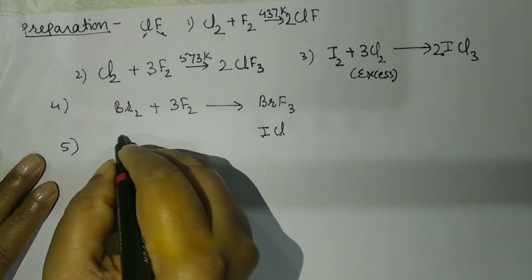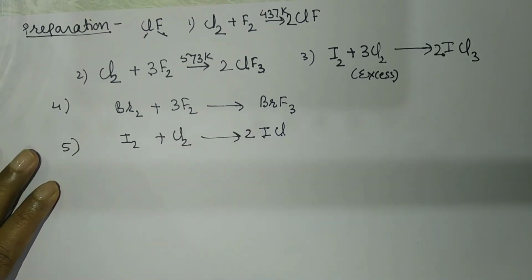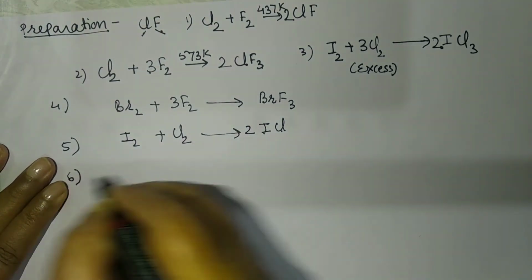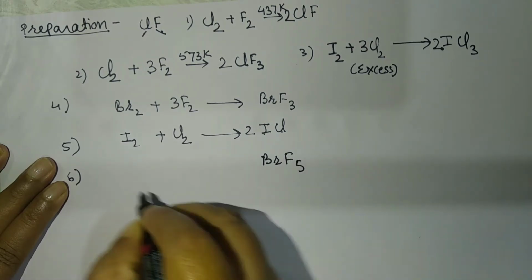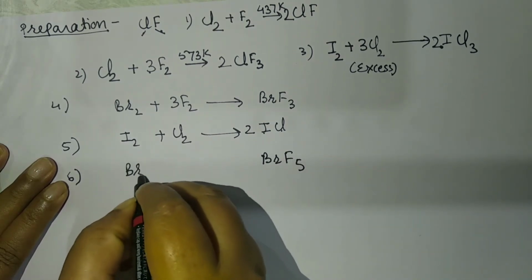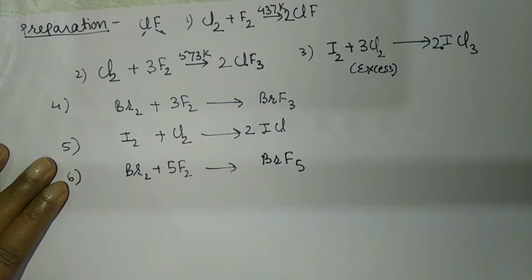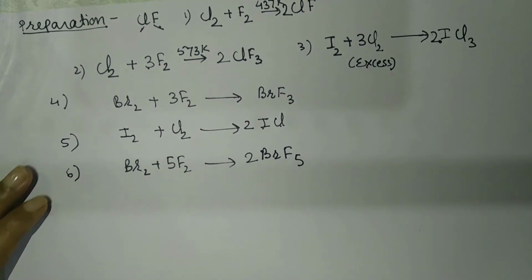I and Cl. So iodine plus chlorine gives you 2 moles of ICl. Similarly, I can go for the next one, that is BrF5. How will I write this? Br2 plus 5F2 gives BrF5. Balance this now. This will give me 2 moles of this.